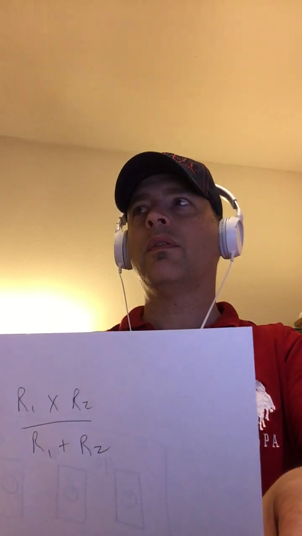There's a simple formula for resistors in parallel where you just have 2 of them. When I just have 2 resistors in parallel like this pair is, that formula looks just like this. It's the product over the sum formula.